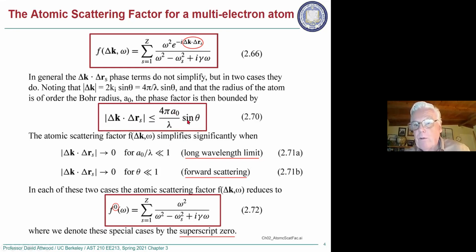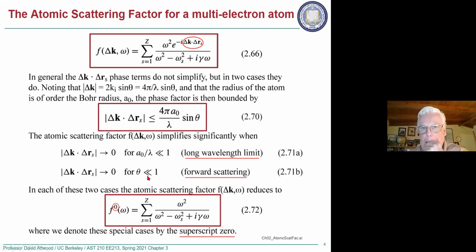For the hard X-rays, where this is not small, lambda could be less than A0, so this could be of order 20 or 40 or something like that. So we're going to need an angle that's less than 1 over 20 or 1 over 40. Okay, so those two conditions are shown here: long wavelength limit and forward scattering limit.